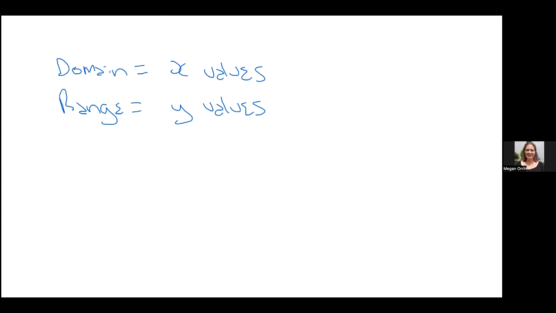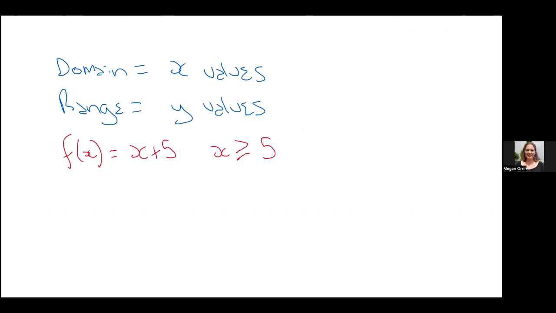If I have f of x is, let's do a really easy one, x plus 5, where x is greater than or equal to 5. I am being told what my domain restrictions are, and I want to know what my corresponding y restrictions are. If I was to draw this graph, x is not allowed to be anything less than 5.